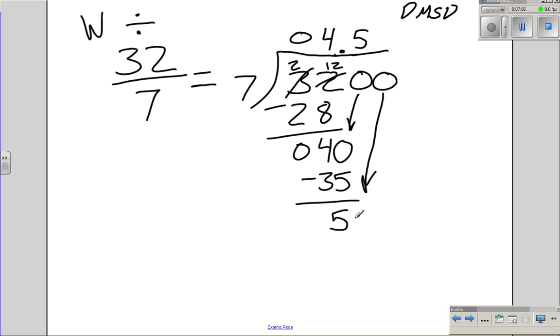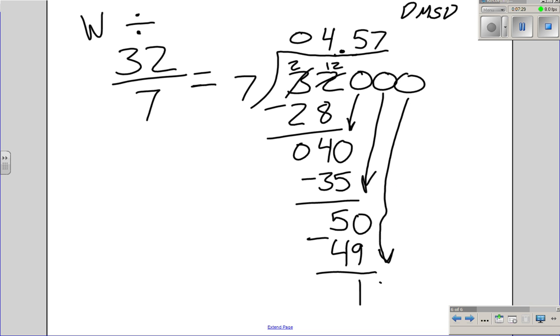Bring it down. 7 goes into 50. 7 times 7 is 49. Subtract. 50 minus 49 is 1. Put a 0. Bring it down. 7 goes into 10 one time. I've gone to 3 decimal places, so I am finished. And my answer is 4.571, or 4 and 571 thousandths.